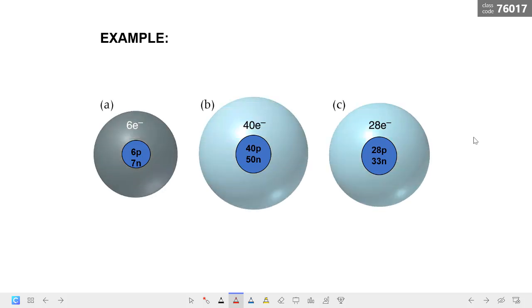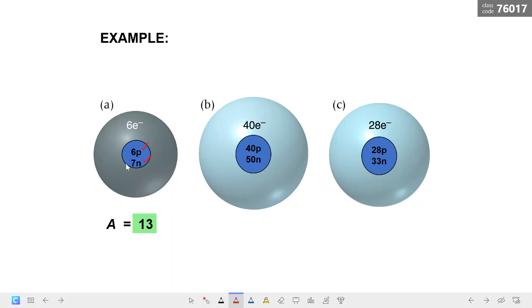For example, let's say I have these atoms. For the first atom, you can see here in the nucleus of the atom in figure A, we have 6 protons plus 7 neutrons. So the nuclear number is 13. 6 campur 7 adalah 13.